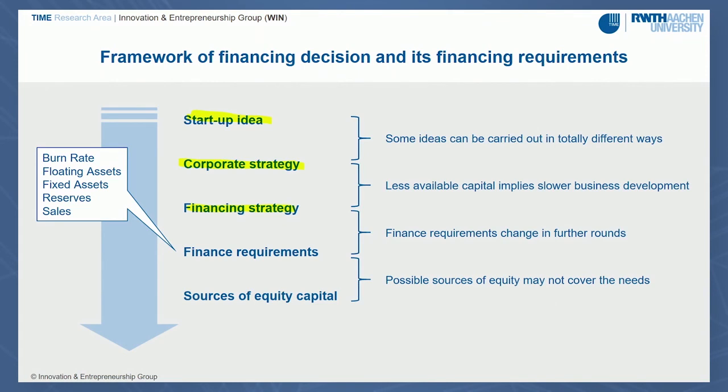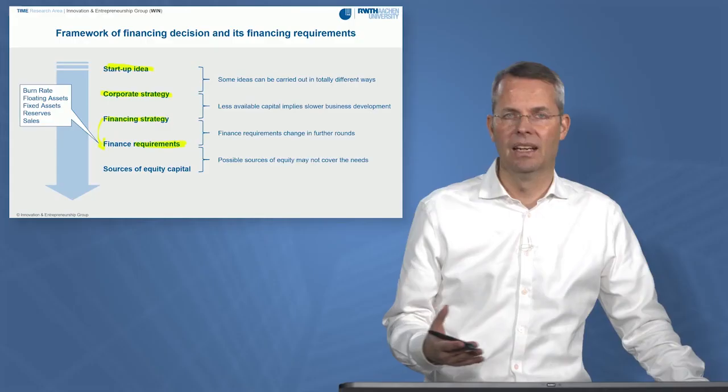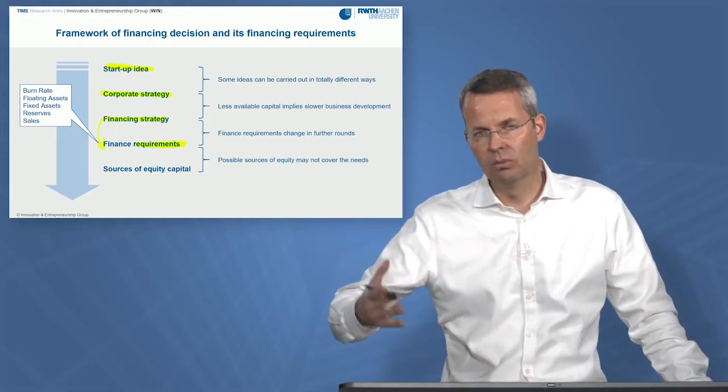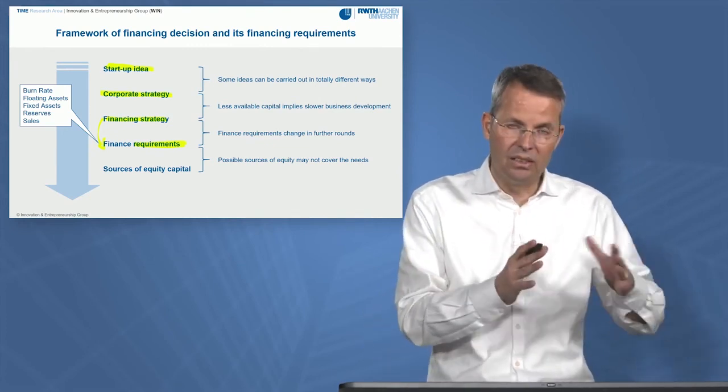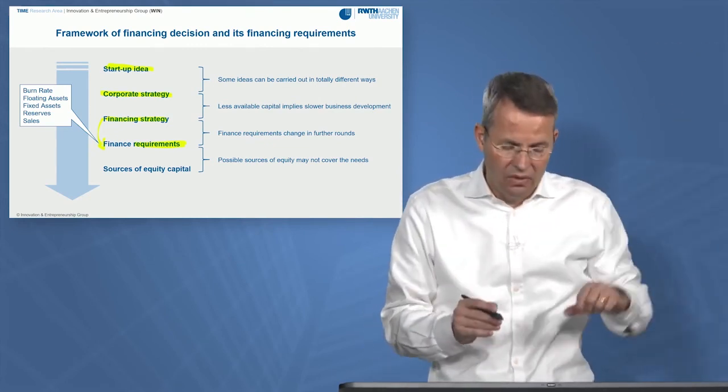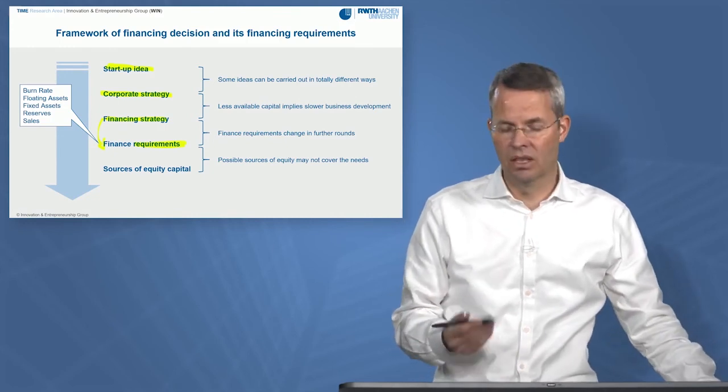And even if you have total capital requirements, you might want to look into the financing requirements per financing round, at least in order not to give too much control away, if you split it into financing rounds according to the value increase of your company.